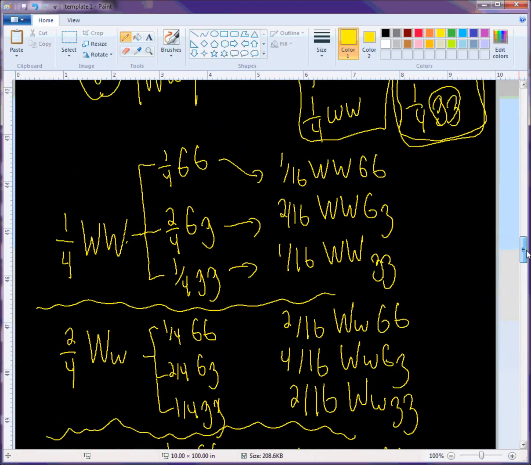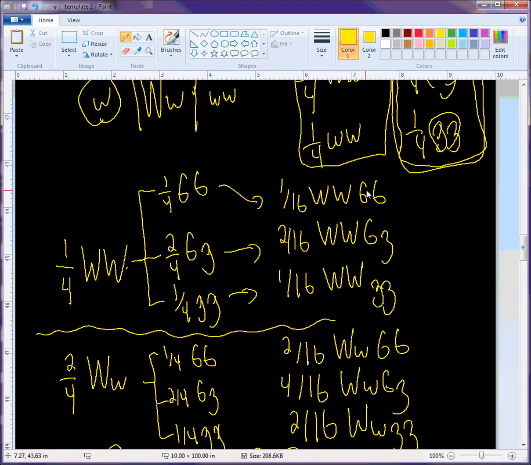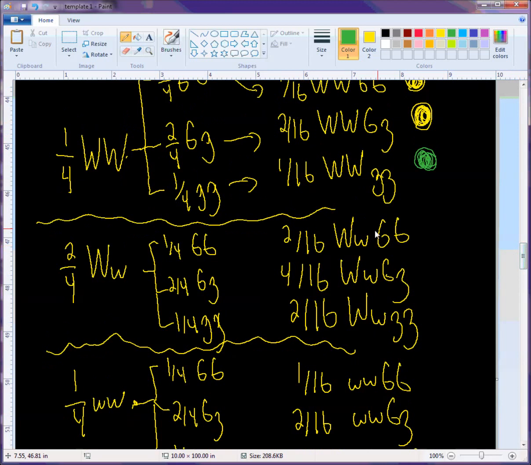Okay, so let's take a look at these phenotypes here. So 1 out of 16 are going to be, I want to put the colors in here, yellow and round. 2 out of 16 also going to be yellow and round. And these right here are going to be round and green. Okay, let's take a look down here. 2 out of 16, what do we have for there?